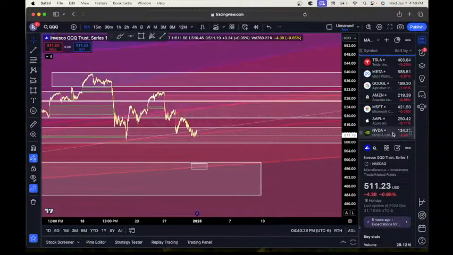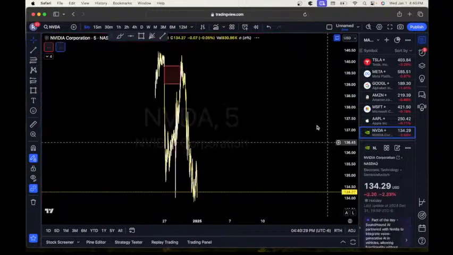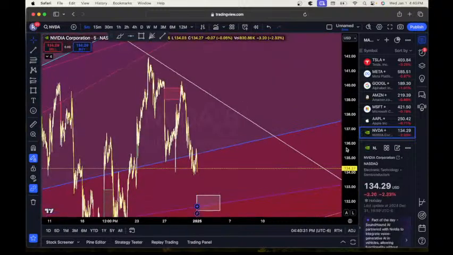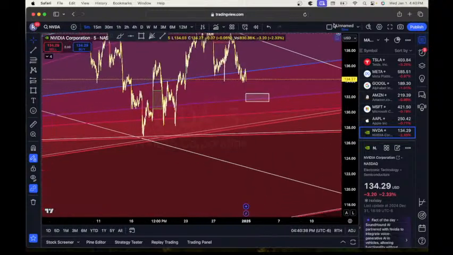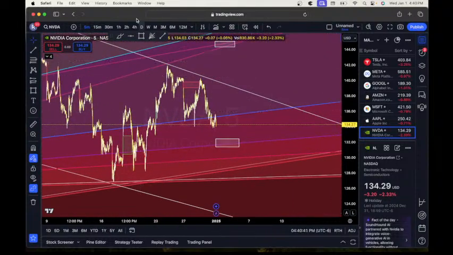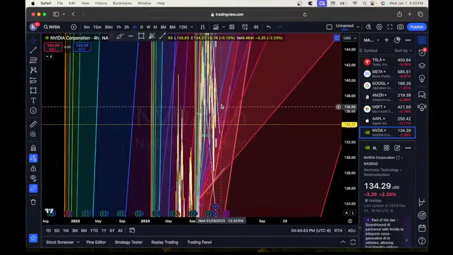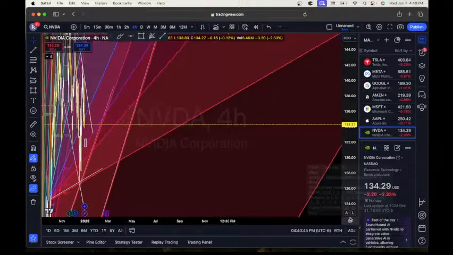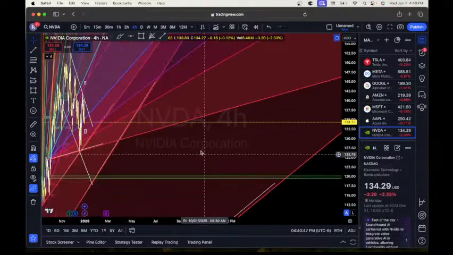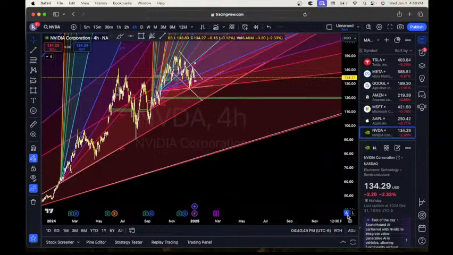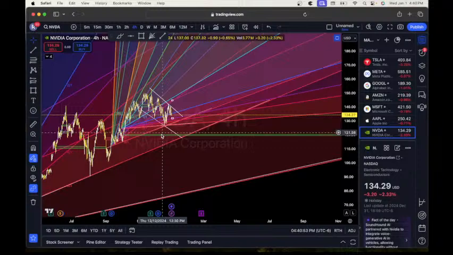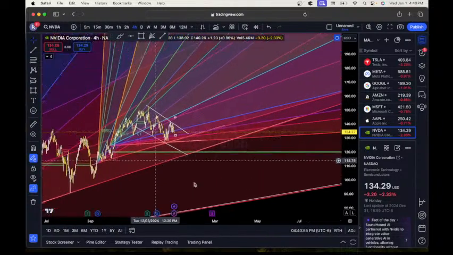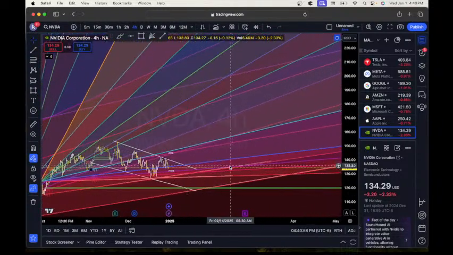Stick to your guns. A lot of people have been kind of bullish on Nvidia. It hasn't really broken out of the trend that it's in yet. I always have to look at the bigger picture. So right now you have this descending channel on the 4 hour.